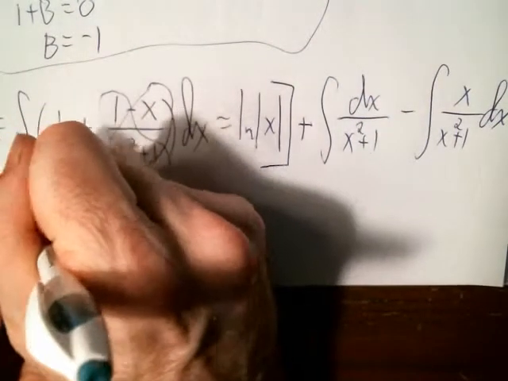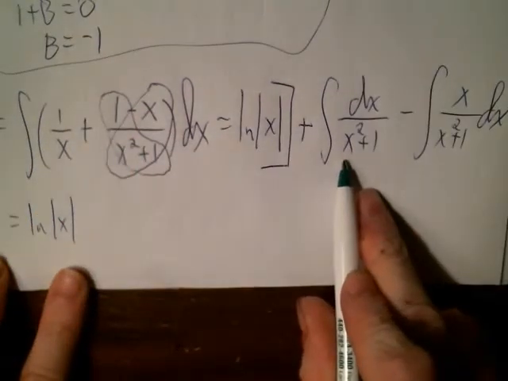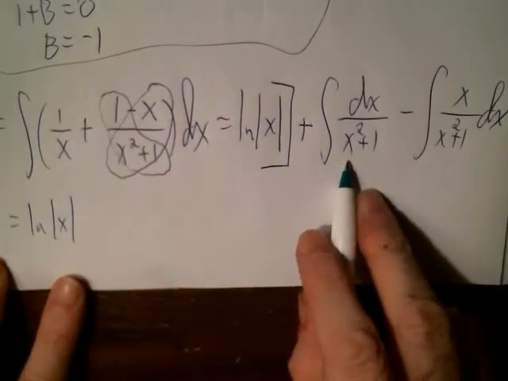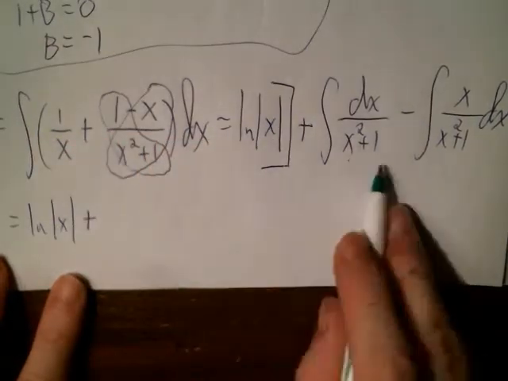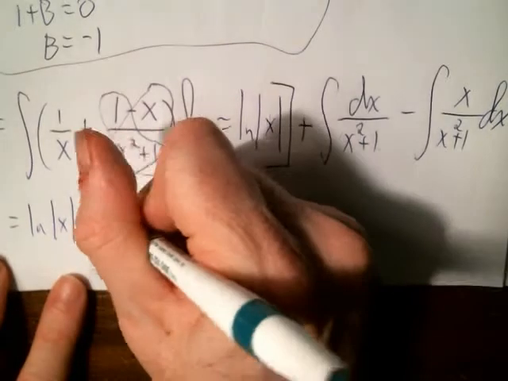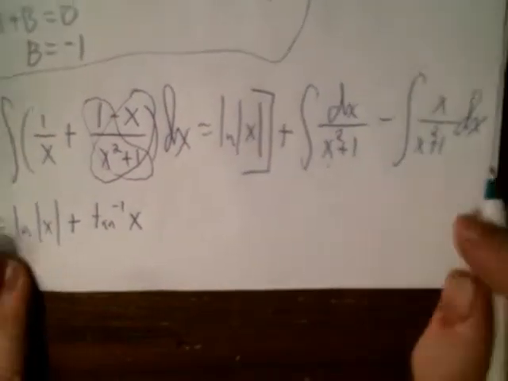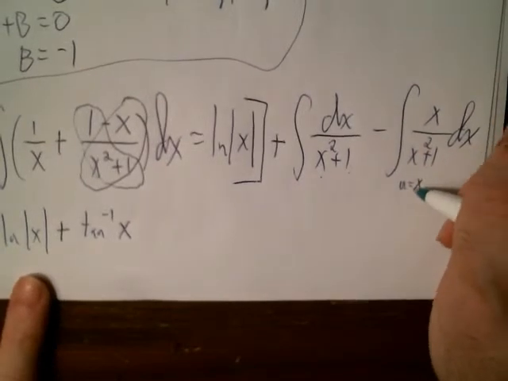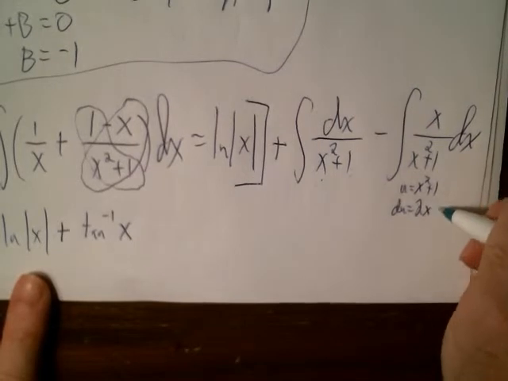So this guy, ln absolute value of x, is as is. This guy is an inverse tan, right? It's just straight up tan inverse. It's 1 over a, but a is 1. U is x, so there's really nothing to do. Tan inverse of x. And then this guy requires a u sub, right? So u for x squared plus 1. Du is 2x dx.